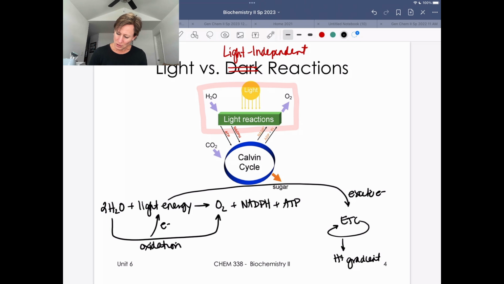Once we've generated that proton gradient, through the process of photophosphorylation, we are going to make ATP. So that's this process of photophosphorylation. And when those electrons leave the electron transport chain, we're going to draw this over here.